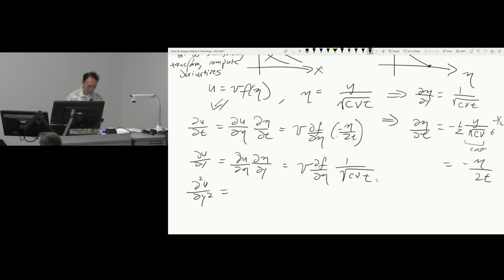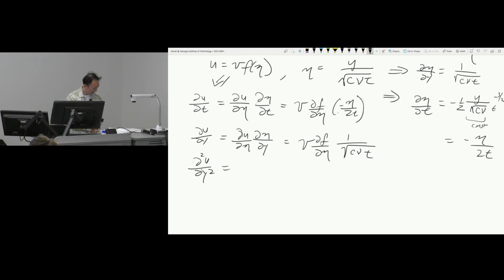Okay, and the second derivative with respect to y, now basically the only thing that I take the derivative of is this thing, because there's no y's in the other parts. So let's put everything to the front, 1 over c nu t, and then I take basically d dy of f eta.